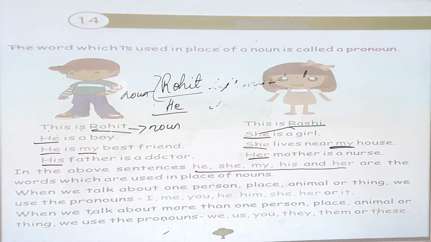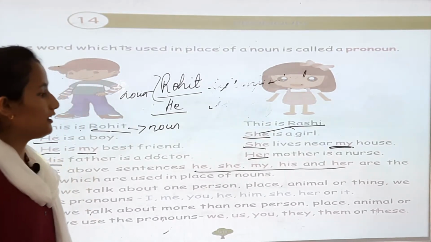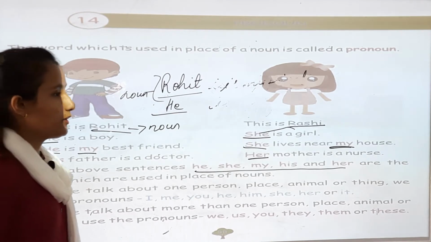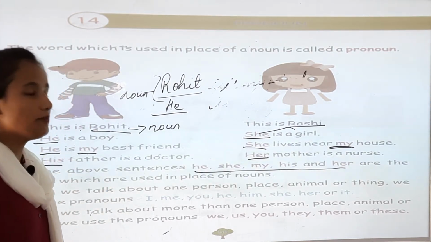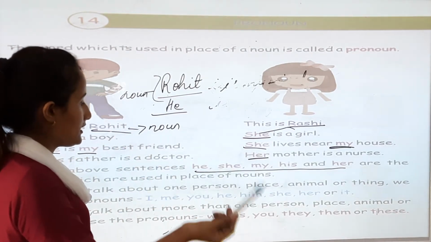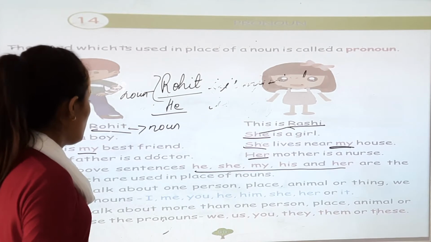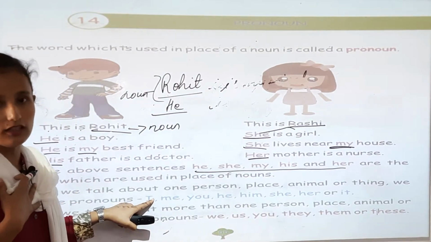When we talk about one person, place, animal or thing, we use the pronoun I, me, you, he, him, she, her or it. So, when there is a single person, or one animal or thing, like he, this is my pen, you, I am a girl. So, I am a singular person.